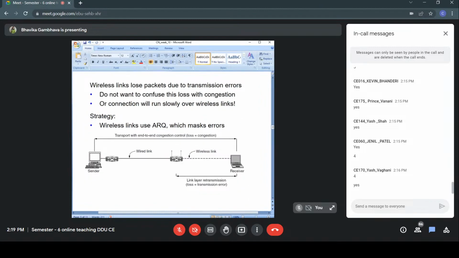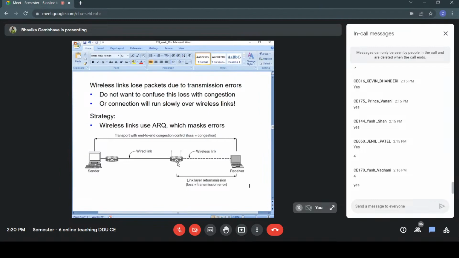So now we are taking one situation. There is a sender, there is a receiver. And our network is like this. The first part is the wired network. There might be 5 routers in between, but the first part is the wired network, the wired link. And then we have a wireless link. The last hop is the wireless link. They are connected by a base station.